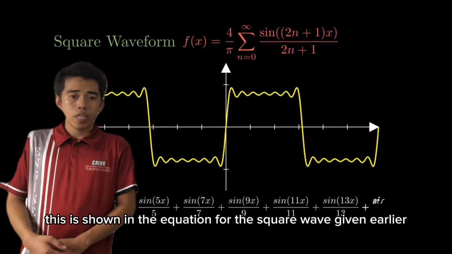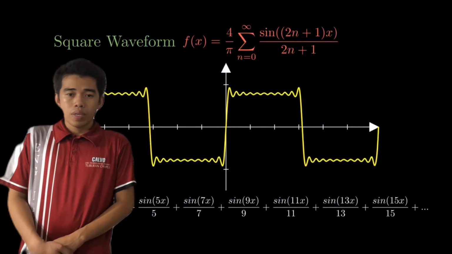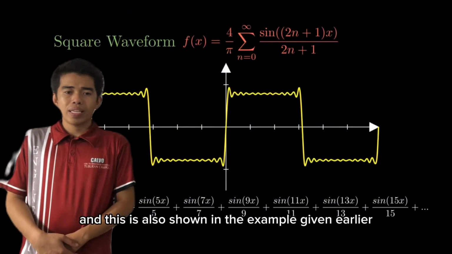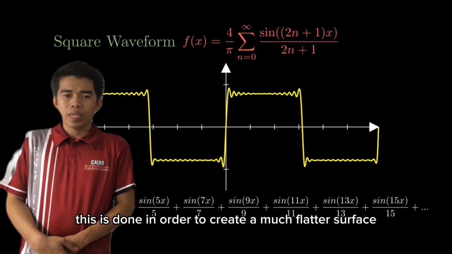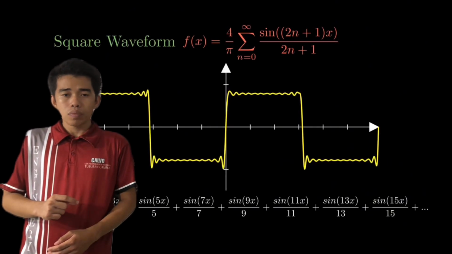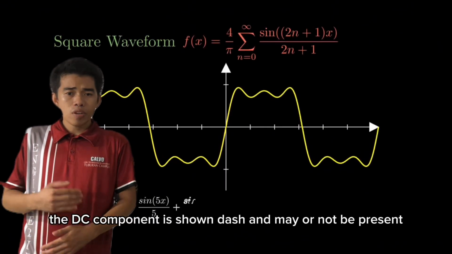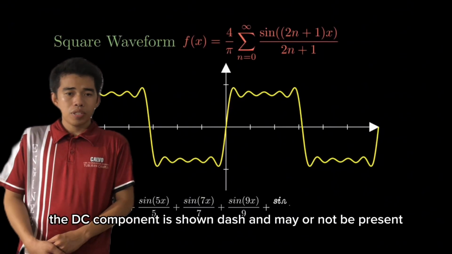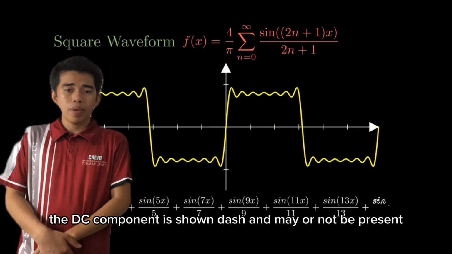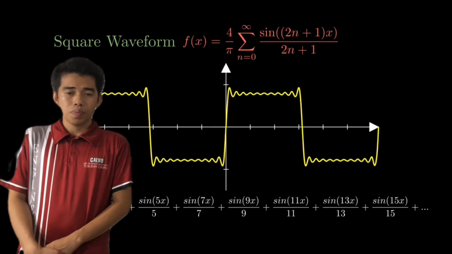This is shown in the equation for the square wave given earlier, and this is also shown in the example given earlier. This is done in order to create a much flatter surface at the top of the square wave. The DC component is shown dashed and may or may not be present. It is not present in this example.